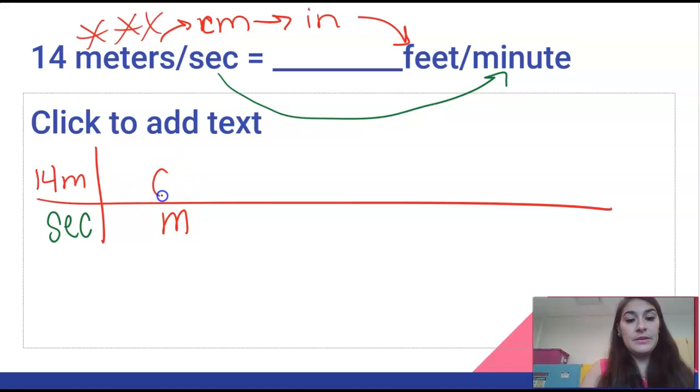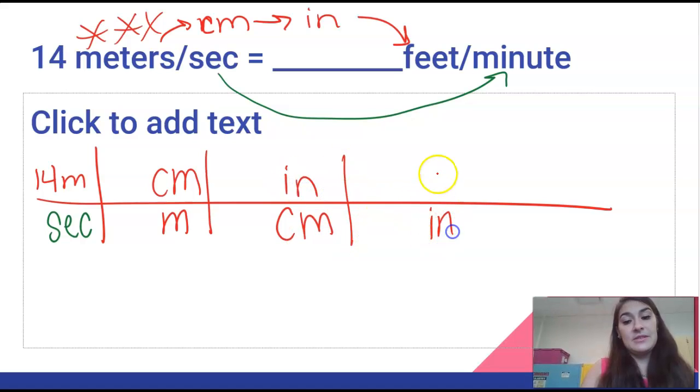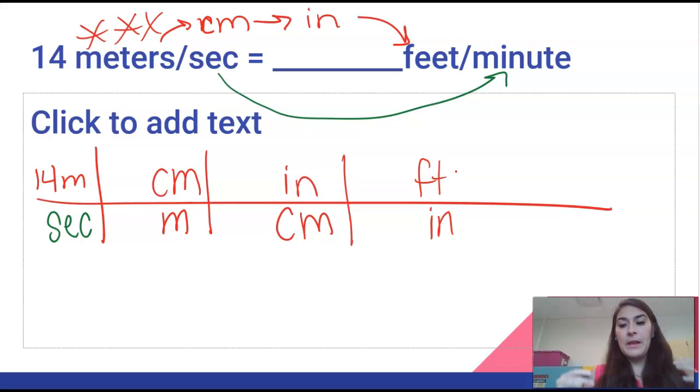So meters to centimeters, centimeters to inches, inches to feet. You get good at this, right? Like if you map it out ahead of time, that makes your life so much easier. That's a nice little trick. And then again, cancel on the diagonal. Okay, so meter, meter, centimeter, centimeter, inch, inch, whoop, left with feet.